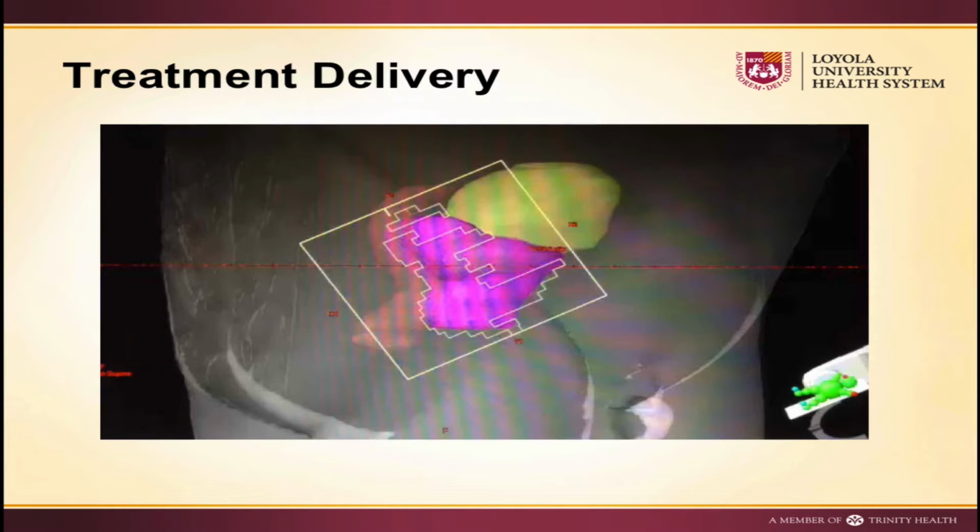And the treatment head is over towards the patient's right. And it's going to be coming anterior around the patient. Yellow is bladder, brown rectum, purple is the prostate with a little bit of margin. But this box here, that represents the treatment head.